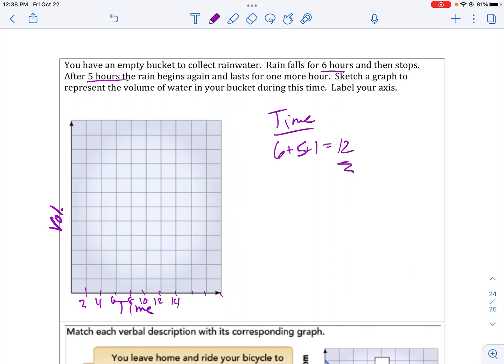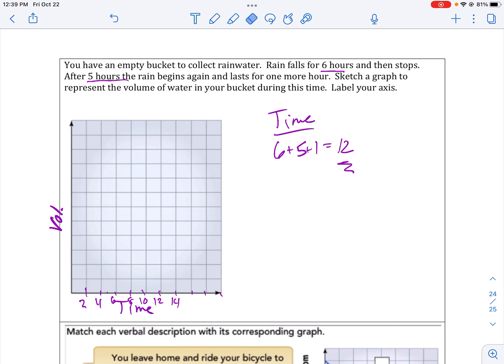So it said it rains for 5 hours. 5 is between 4 and 6. Now, sometimes it rains really heavy, sometimes it rains really light, so here's the point where the graph could vary a little bit. I'm sorry, it rains for 6 hours.